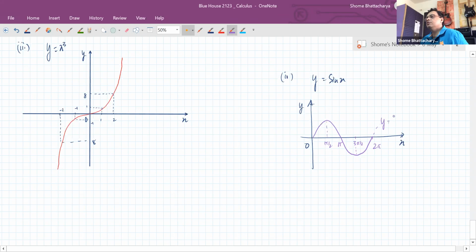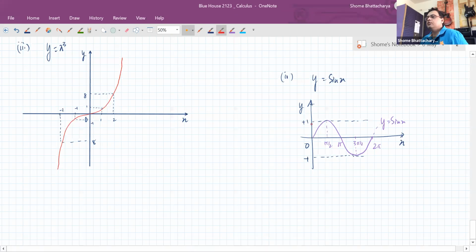So this is the graph of y is equal to sine x. You can say that it oscillates between the value of -1 and +1, as x goes from 0 to infinity, or even from minus infinity to plus infinity.